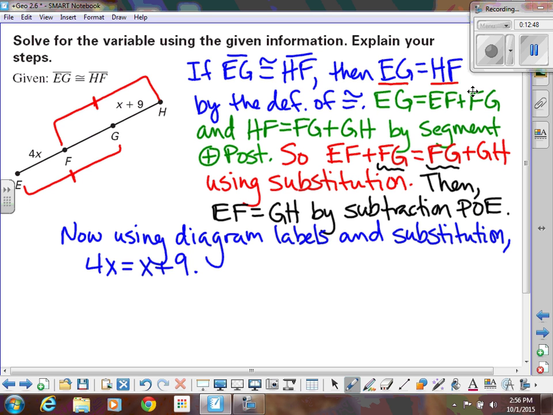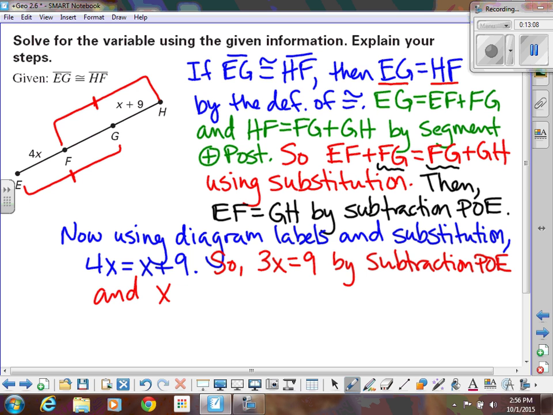So now that I have an equation, I can say 3x is equal to 9 because I subtracted that x on both sides by subtraction. And then I can say x equals 3 by the division property.